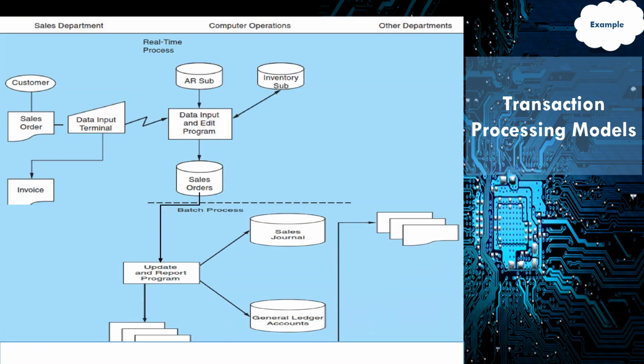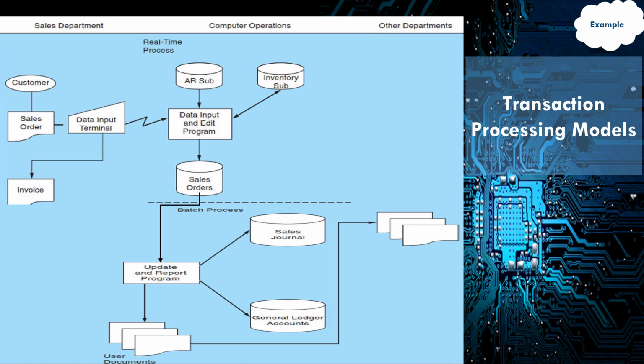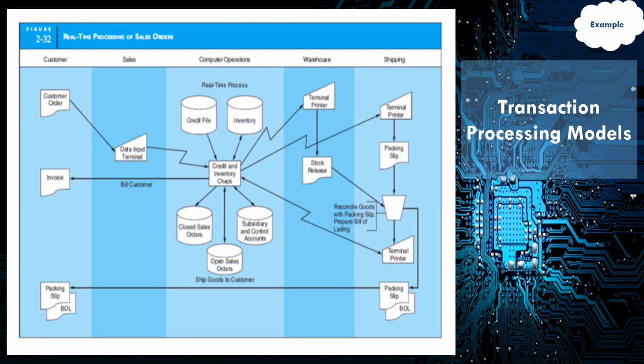Then it will update the report on the program, update the sales journal and update the general ledger accounts, and it may create some reports or documents after the transaction, all occurring at the same time. Okay, so this is the real-time procedure for a sales order.